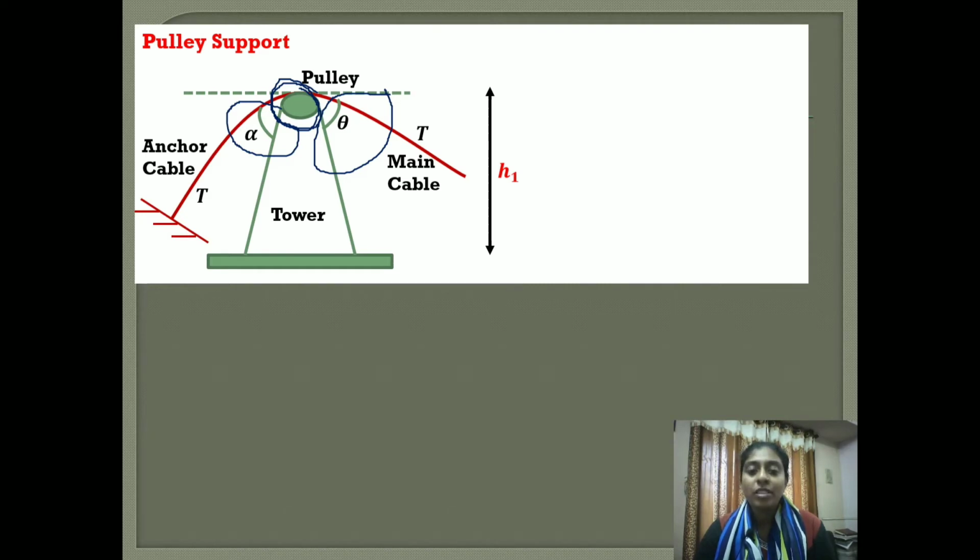So for pulley support, the tension in the cable will be the same for both main cable and anchor cable. Whatever tension you have in the main cable will be transmitted to the anchor cable. So tension in the anchor cable is also equal to T, tension in the main cable is also equal to T. The height of the tower is taken as small h1.